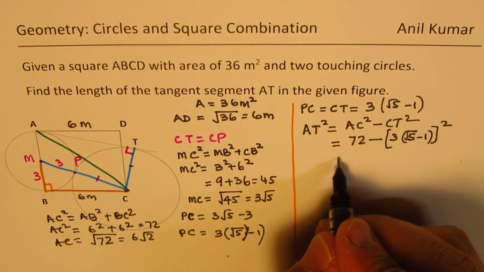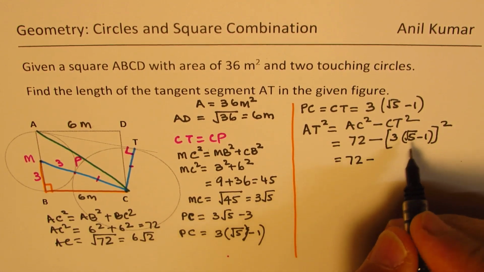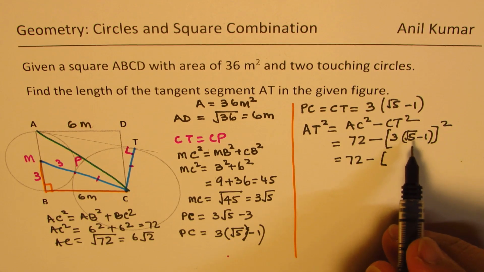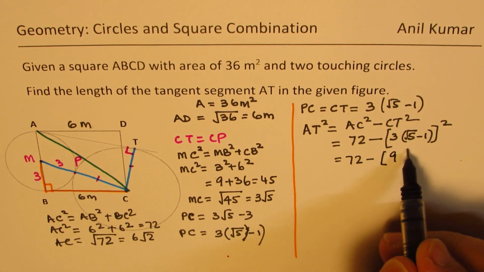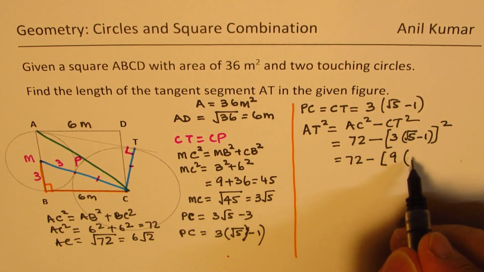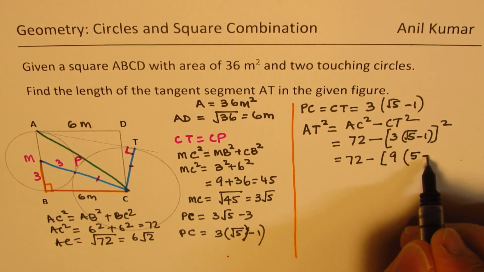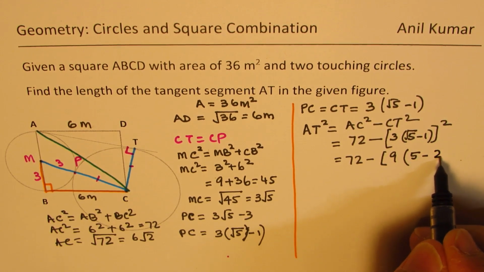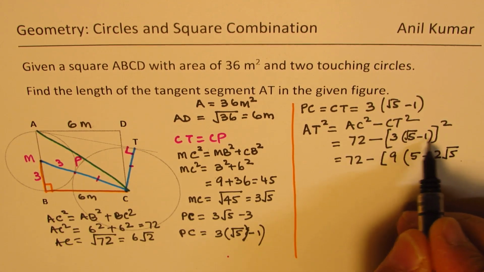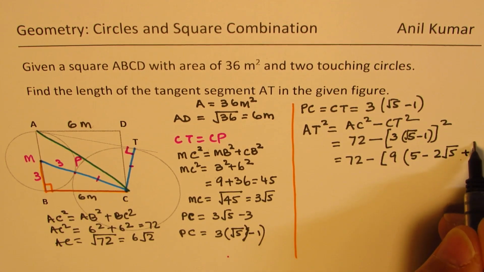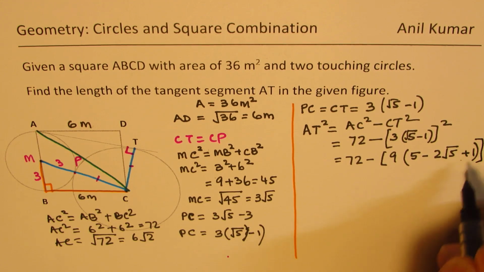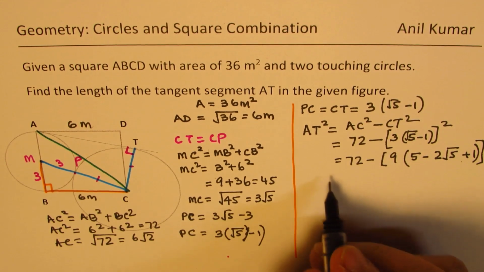So let's calculate this. 72 minus, 3 square becomes 9, and square root 5 minus 1 within the bracket squared will give us 5, minus 2ab means minus 2 square root 5, plus 1, right? So let's open this bracket.